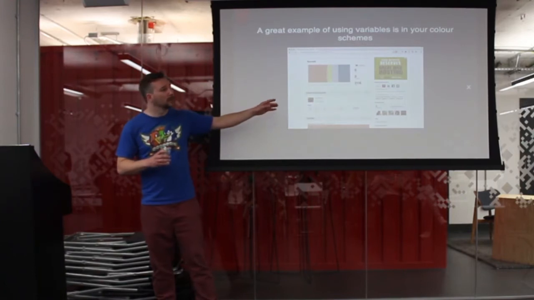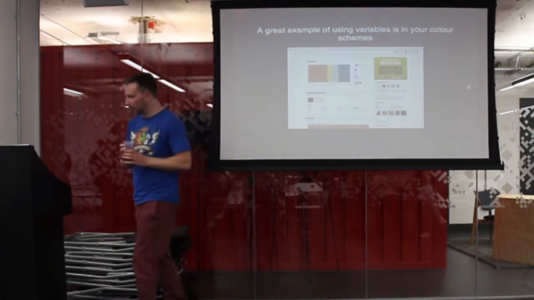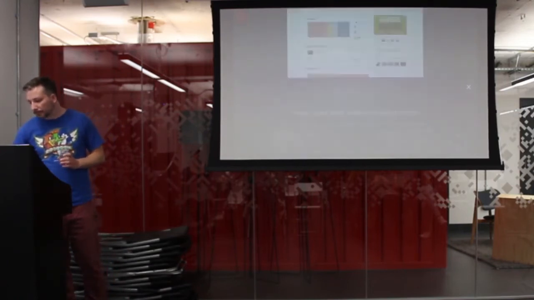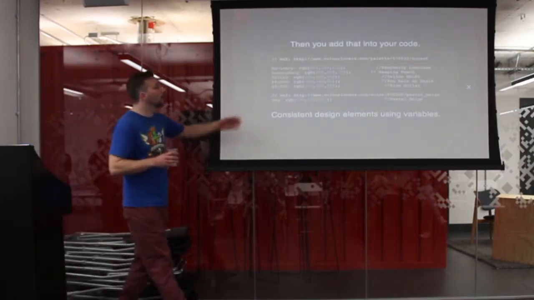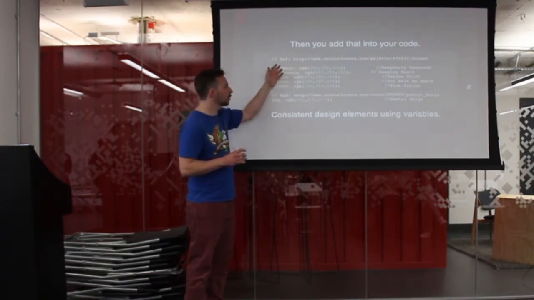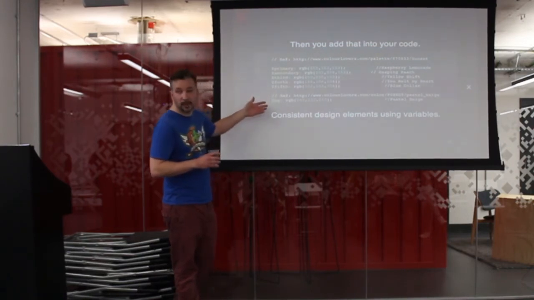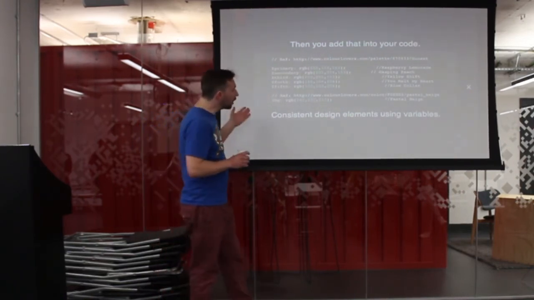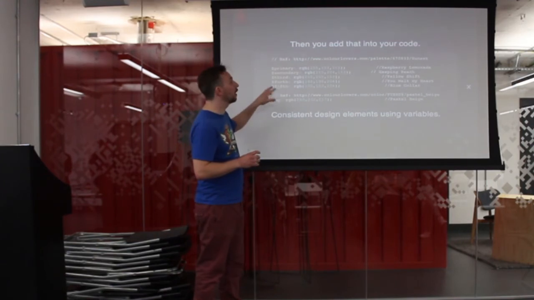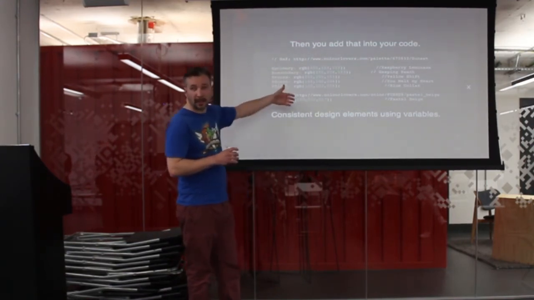Pick your colours. This could be your main, secondary, third, fourth, fifth. To make it simple, you can have $primary and your colour. Link to there as well, give credit to them. Secondary, third, fourth, fifth, and a background colour. So when you're designing, you can have, say, header colour, and all you do is $primary, and it will pull in that code when it compiles.